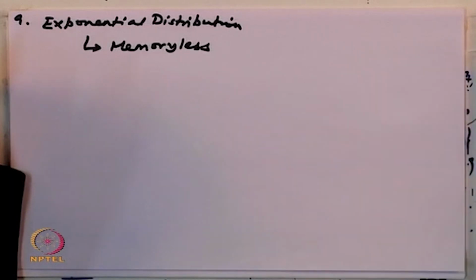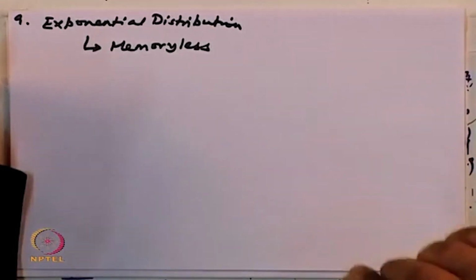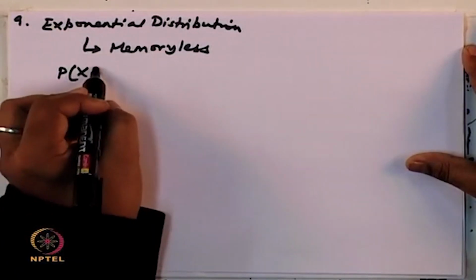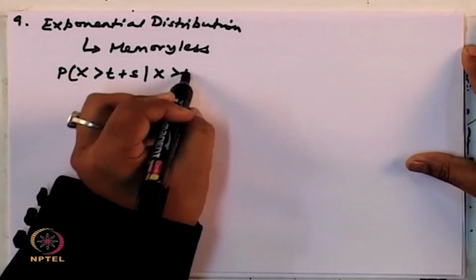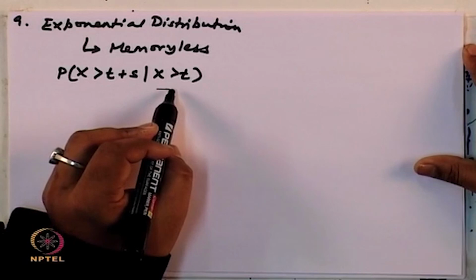We would typically expect that if we know the battery was operating okay as of today, how much longer it will last will depend on how long it has been operating. However, in the case of a memoryless distribution, you can write the probability that X, the lifetime, is greater than t plus s, given X is greater than t. In other words, it has lasted at least t amount of time.